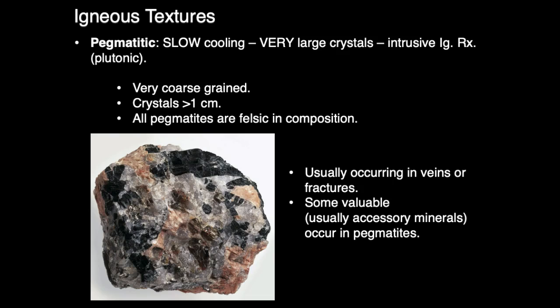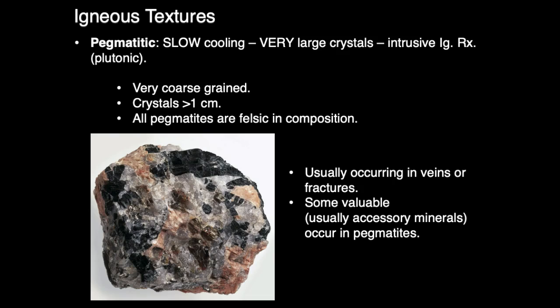Sometimes some valuable minerals are found within the pegmatites, like gold or silver, and they are usually found as accessory minerals. Being accessory still means that the abundance is only 2% or less of that of the host rock. We'll look a little bit more at pegmatites towards the end of the chapter lecture.